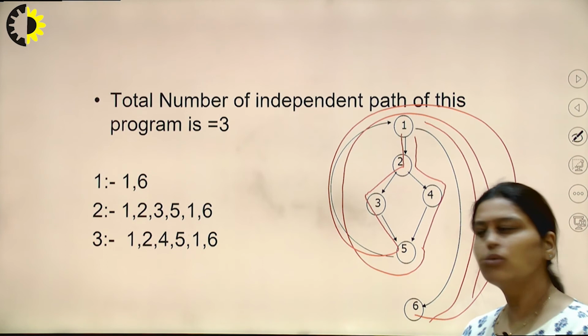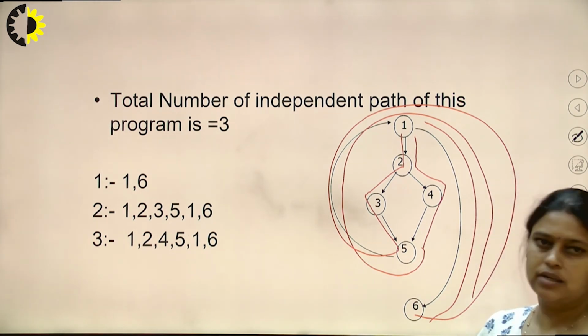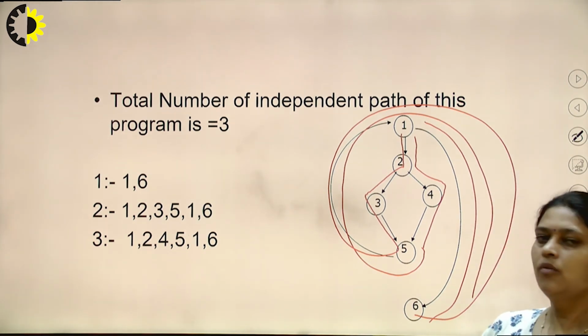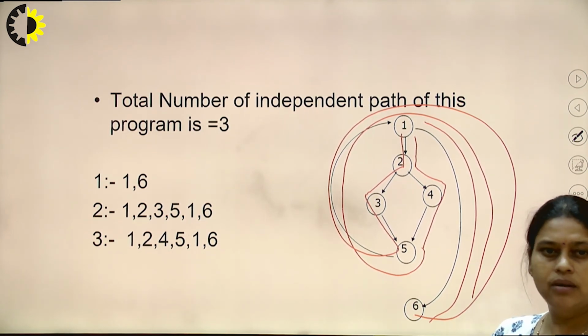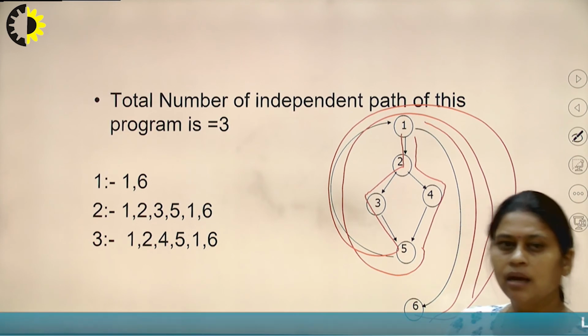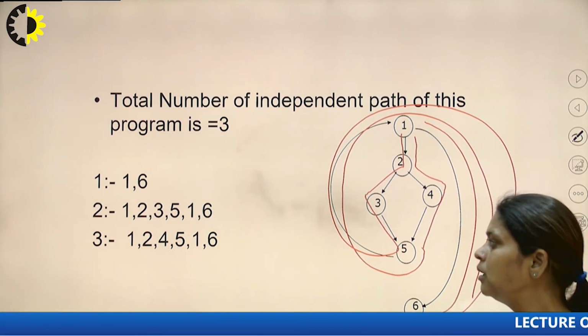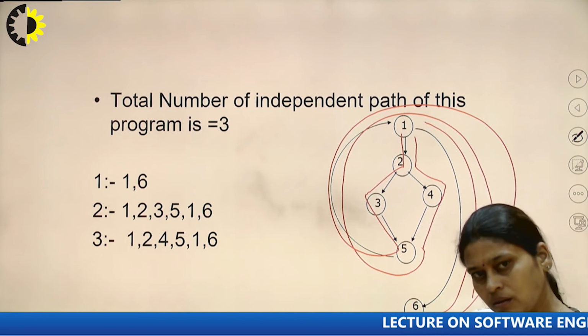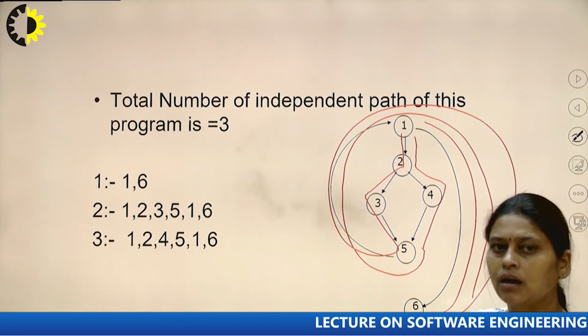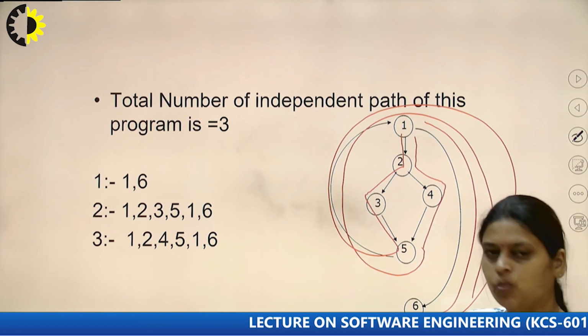So we can calculate the cyclomatic complexity of any program with the help of any of the methods which we have seen here: method 1, method 2 and method 3. So how can we calculate? First of all we have a set of statements, that is the program.